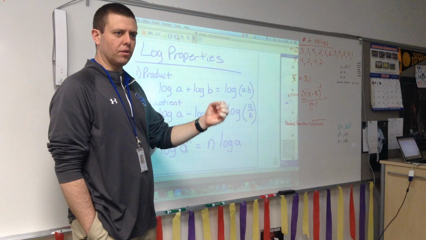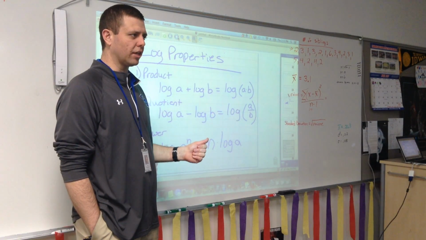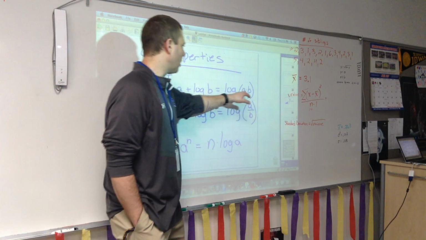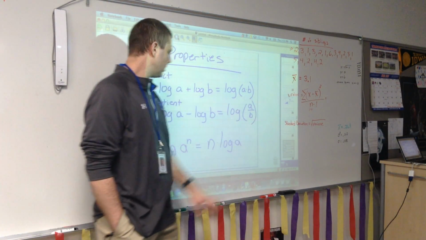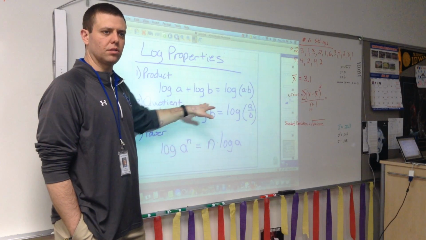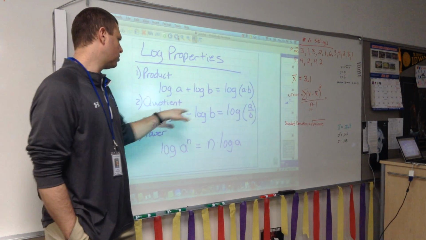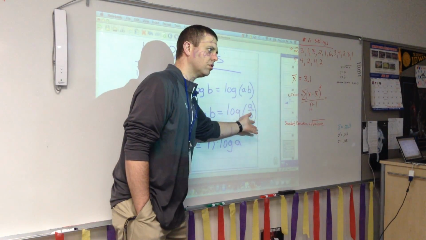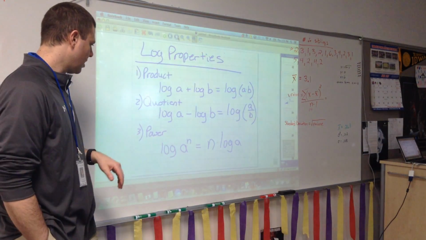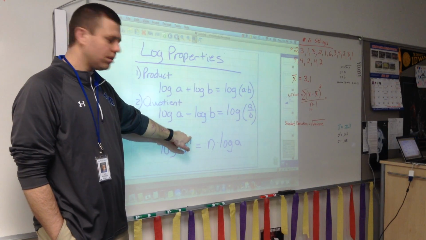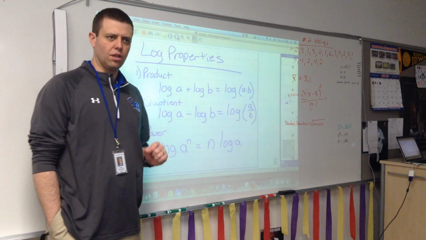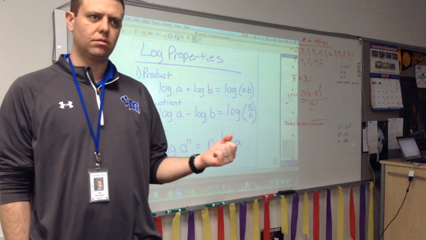Logarithms are like exponents, therefore they follow all of your exponent rules. When you're multiplying, you add the exponents. When you're dividing, you subtract the exponents. Or when you subtract the exponents, you're actually dividing, however you want to see it. And when you raise a power to another power, you multiply those powers together.